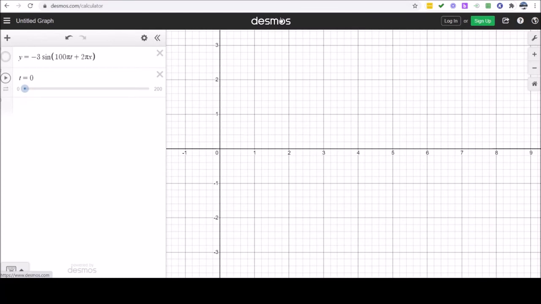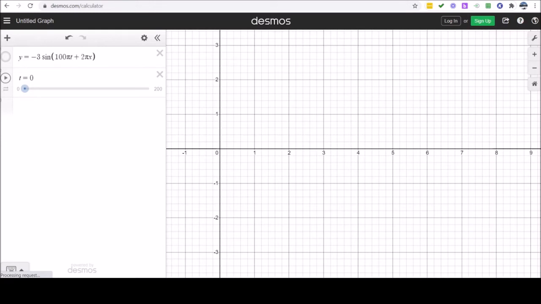You can just Google it, Desmos, and with this software itself, you can plot or sketch very complicated graphs just by writing down the equation in this corner here. Then the graph will just pop up by itself. So what I've written here is an expression of displacement, which is what you have written for question 4b, but I'm not sure whether I should put a plus or minus here.